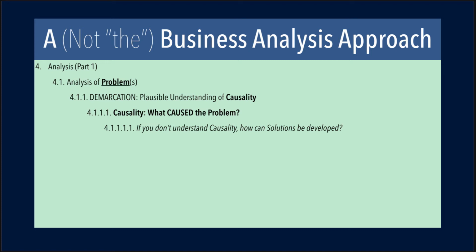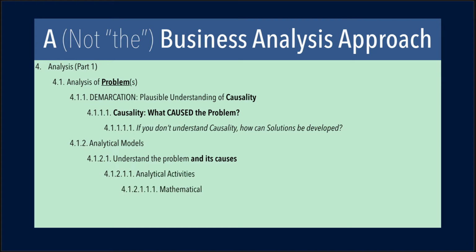Another aspect is to use analytical models to understand the problem and its causes. And analytical activities could include such things as mathematical or statistical models, very frequently used. Reasoning and other methods like that. You might be familiar with something called Mill's methods or Popper's falsification.